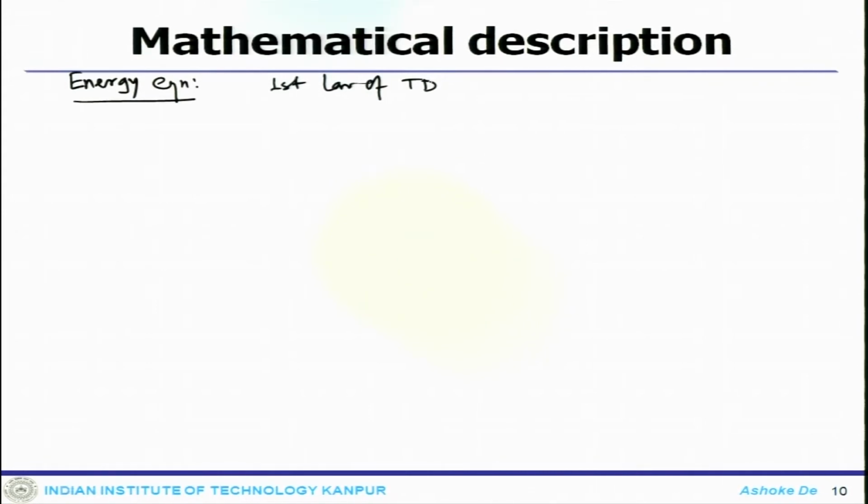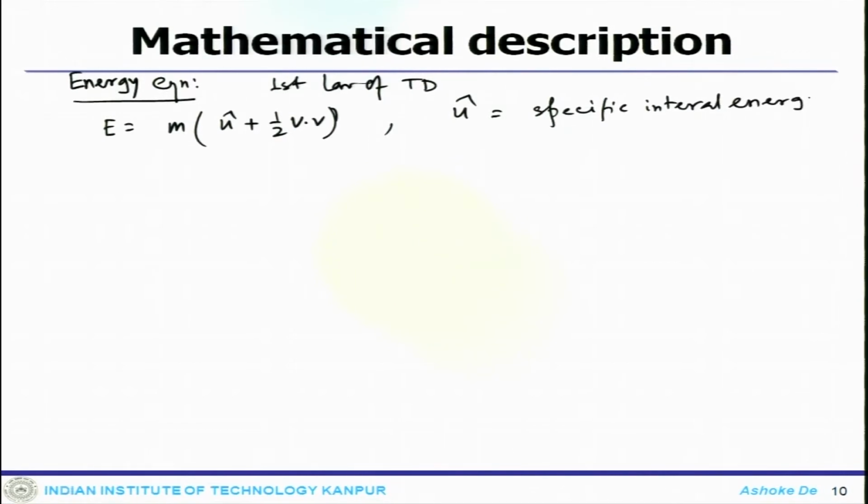So, using that only, you define the total energy E, where U is the specific internal energy. So, the total energy has two components, one is the internal energy, another is the kinetic energy.